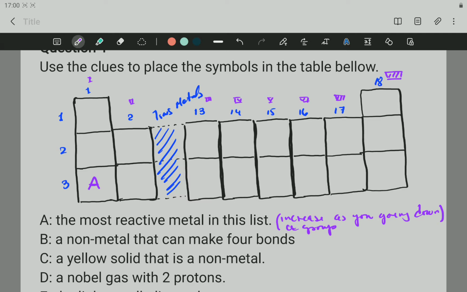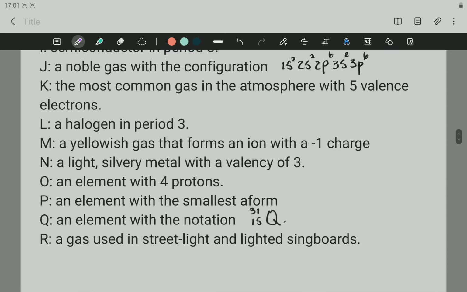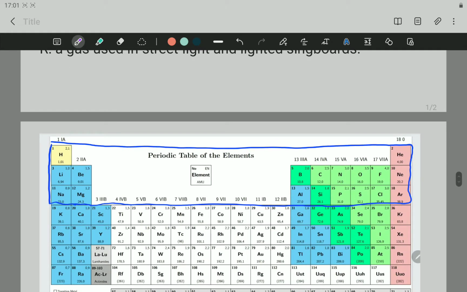Now, B, a non-metal that can make 4 bonds. So now we're going to look at a non-metal that can form 4 bonds. First, let's go here to the periodic table and look where are the metals and where are the non-metals.